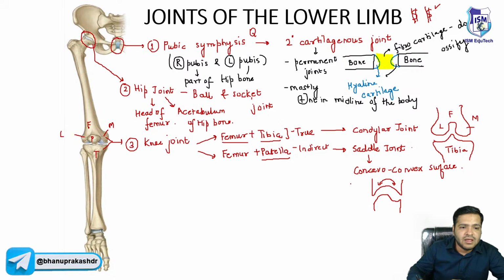Now beta, over here you can easily see that between the tibia and fibula, basically two joints are forming.